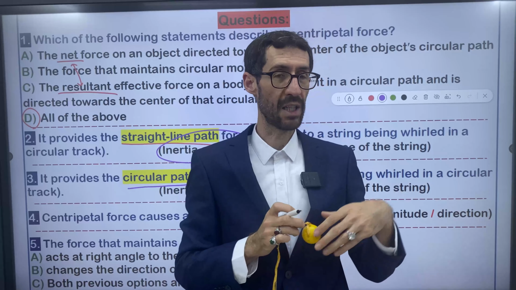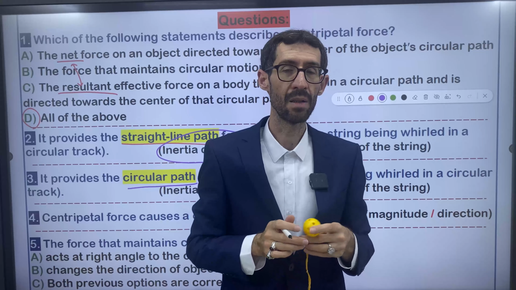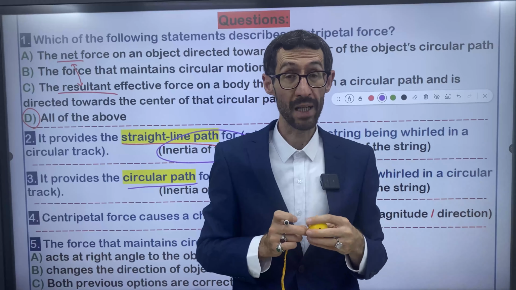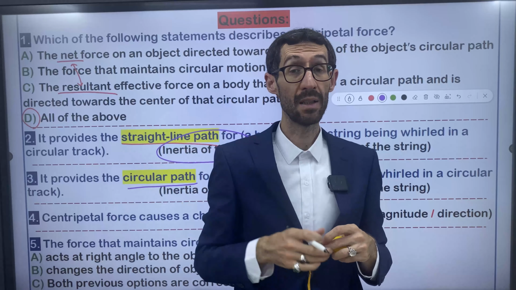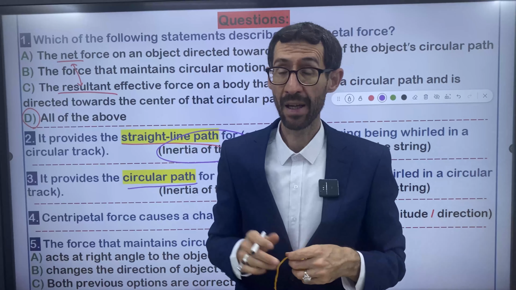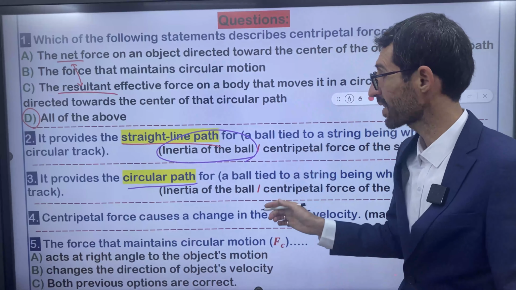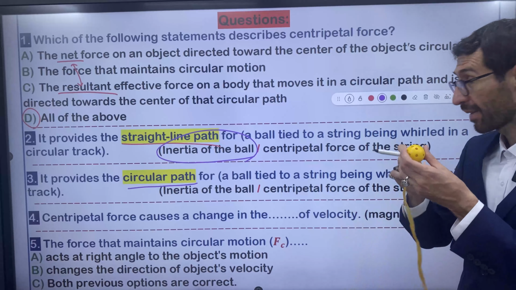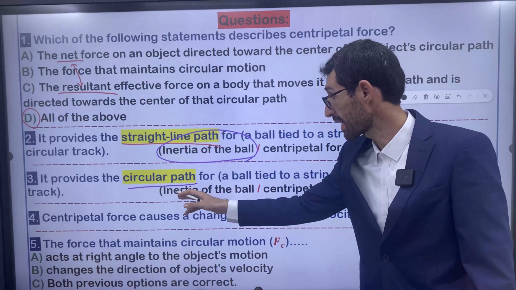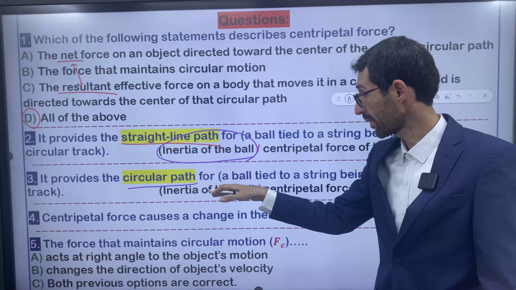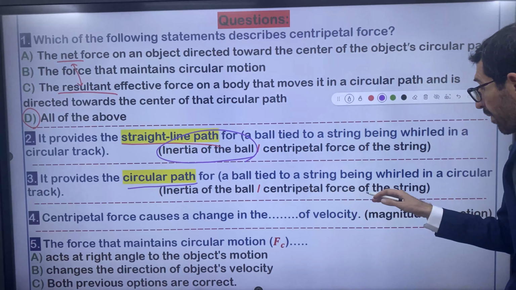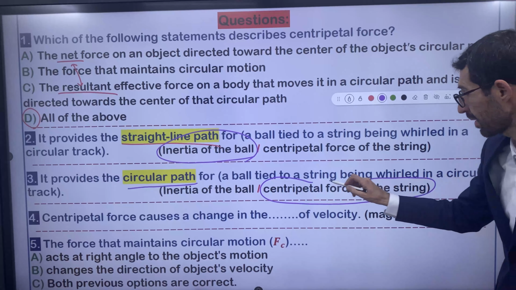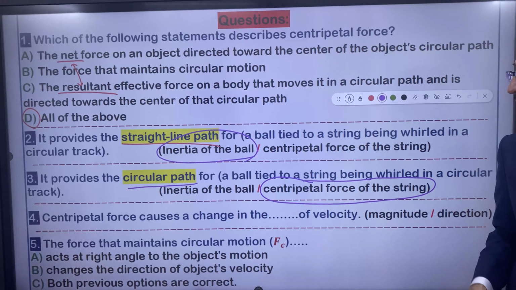It flies off from the circular track, and it follows a straight line path. That's why I'm sure you know the answer. Which factor provides a circular track for this ball? Is it inertia of the ball or centripetal force of the string? Of course, centripetal force of a string is the true answer.